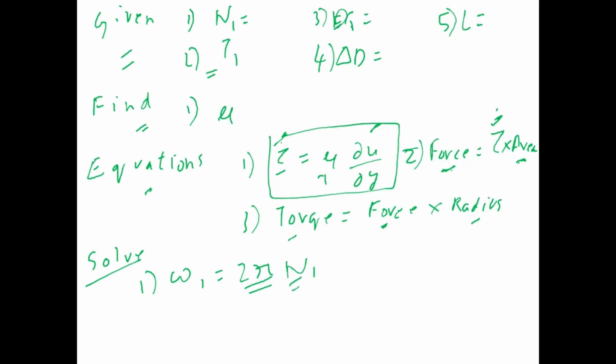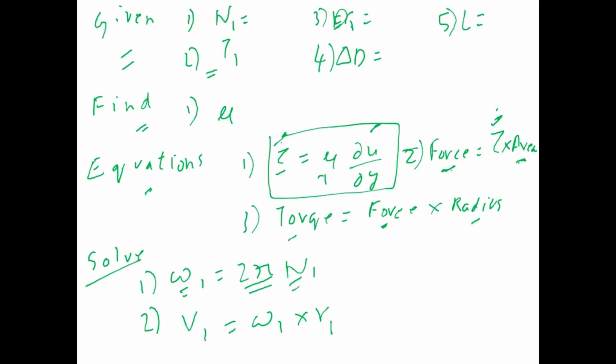So you're making 360 times n1 per minute, and that gives you your angular velocity. Once you know your angular velocity, how do you compute your linear velocity? Sorry, I should erase that, I mixed this up. Your linear velocity v1 is angular velocity times the radius r1.